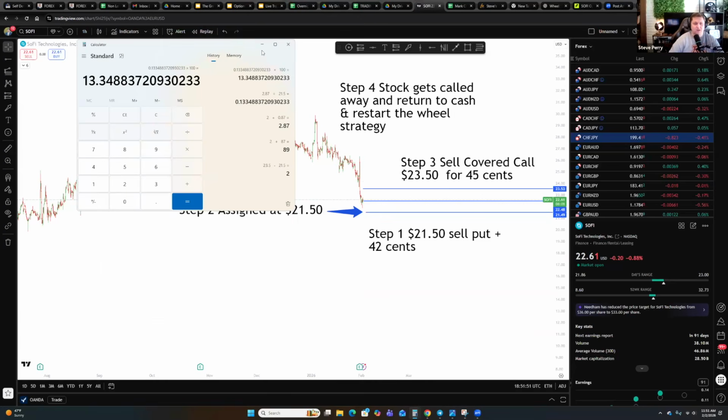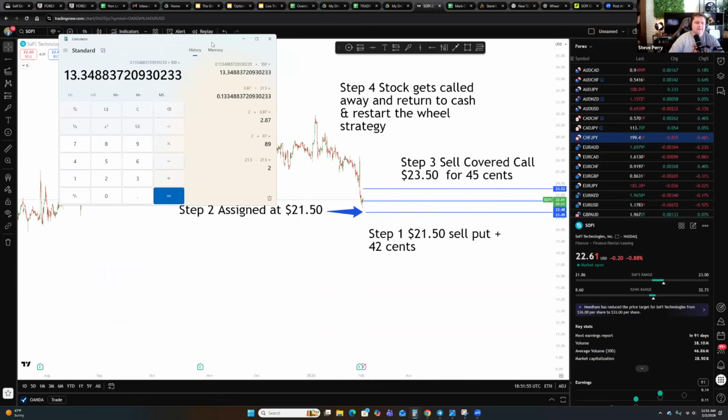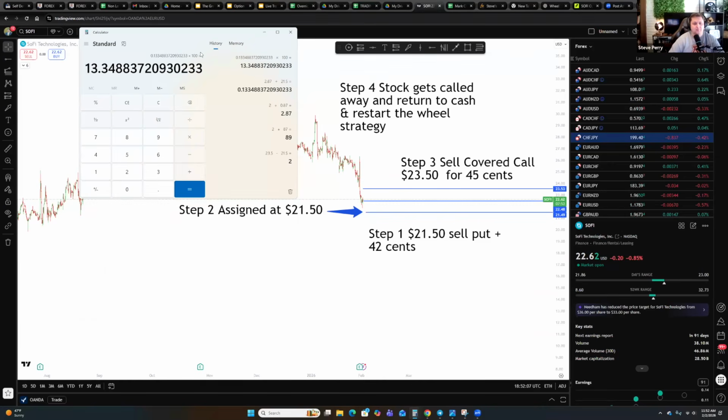That's something I did this week with one of the puts that I sold. Instead of being assigned at the current price, I rolled it out a couple more weeks to see if I can collect some more premium before I get assigned. There are some cool things you can do that way, which we'll talk about later.